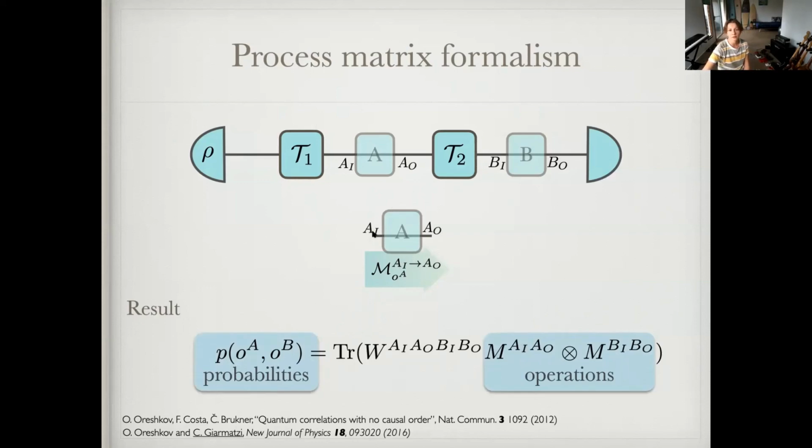It lives on the combined Hilbert space of input and output. The probabilities are a function of the maps they're implementing, and of course the environment that they are exposed to. This environment is the complete description of the process that is all around the measurement stations A and B, and it lives on the combined Hilbert space of the input and output Hilbert spaces of the measurement stations.